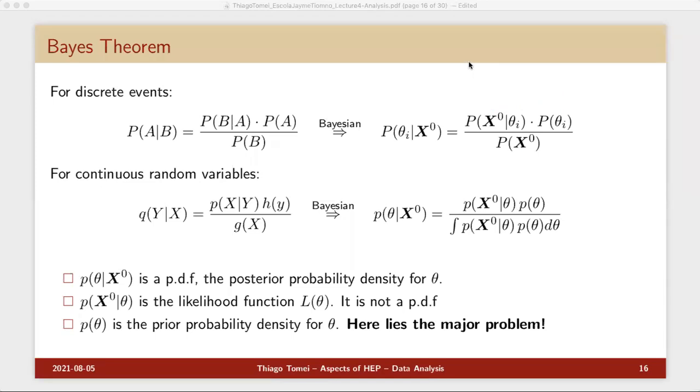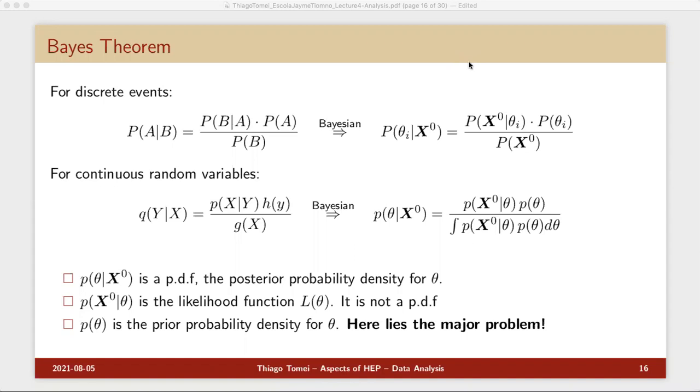But Thiago, how can it be the probability of the parameters of the model? The parameters of the model are what they are. Yes, this is correct. But again, we want to talk about these things.